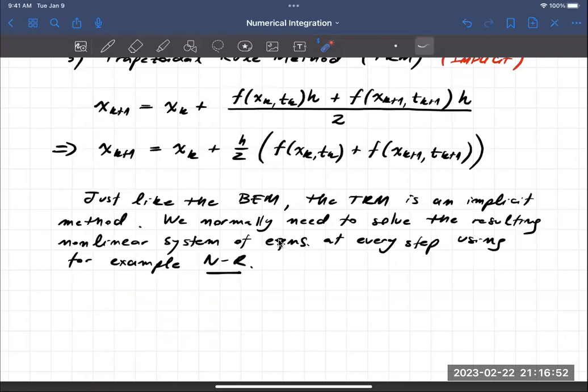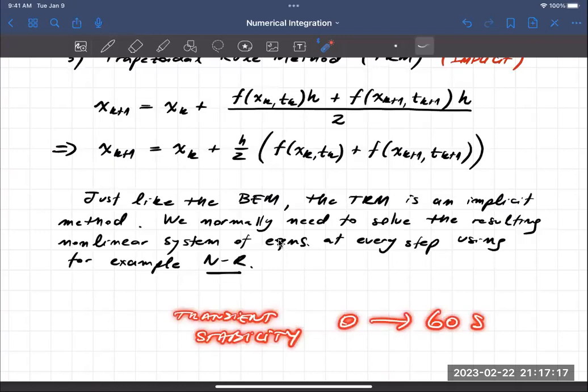For power system, that interval is going to be from 0 to 30 or 60 seconds, around that. Okay. You can do more or less depending on what the study is going to be, but for, say, transient stability is going to be around that. Okay, around 0 to 60, 0 to 30 seconds.